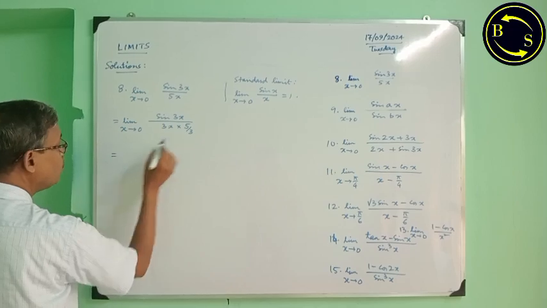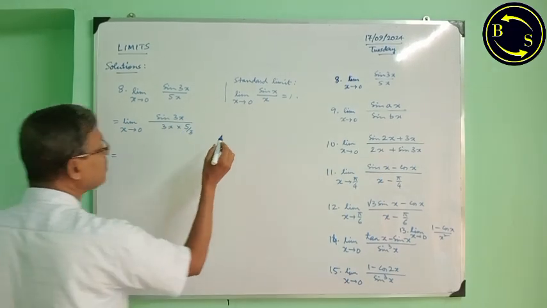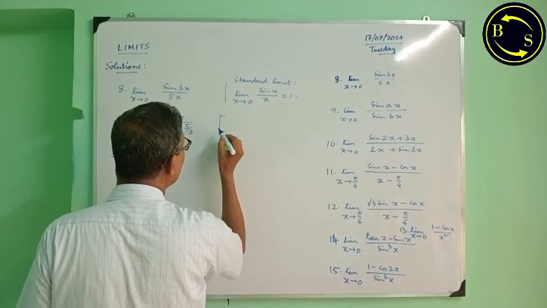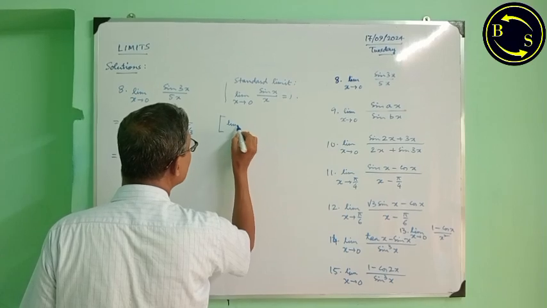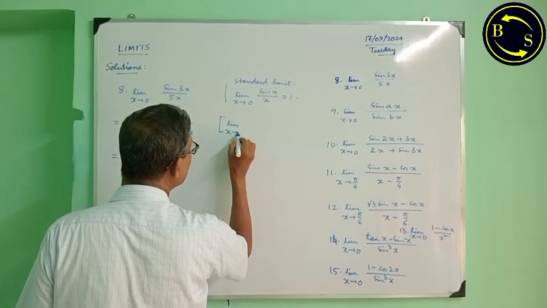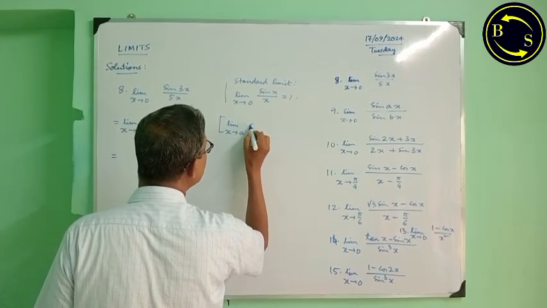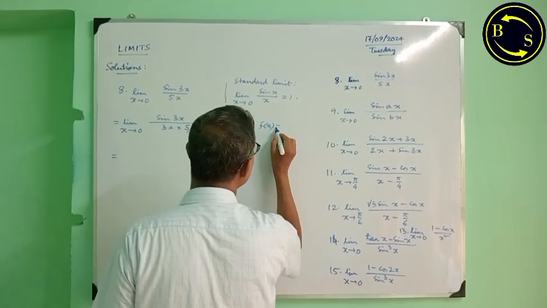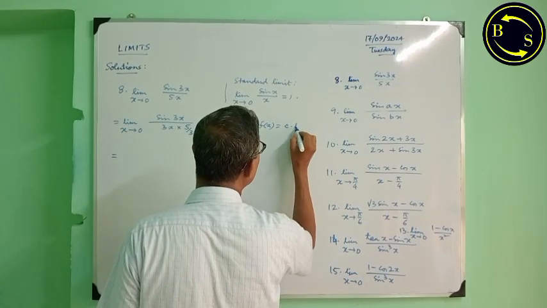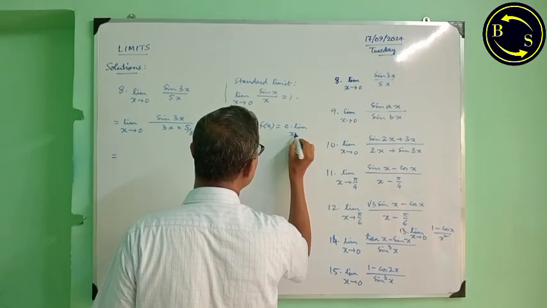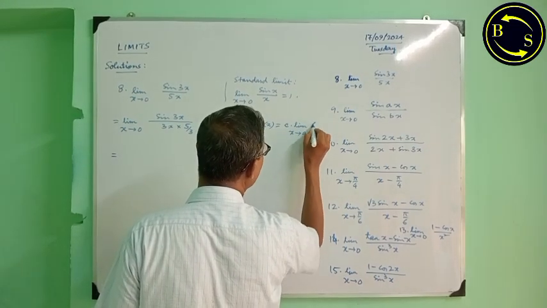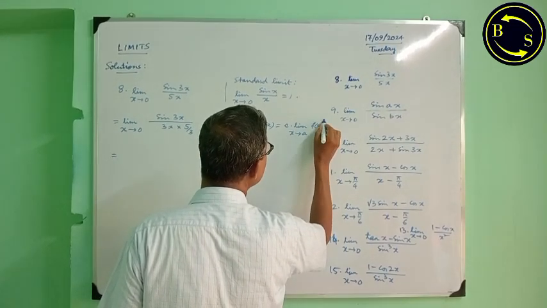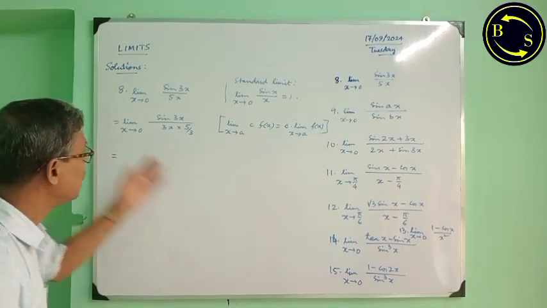To use that theorem, limit x tends to a, c f(x), that is equal to c into limit x tends to a f(x). I am using that.